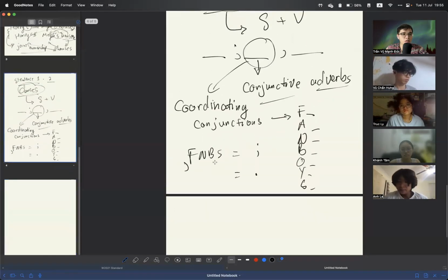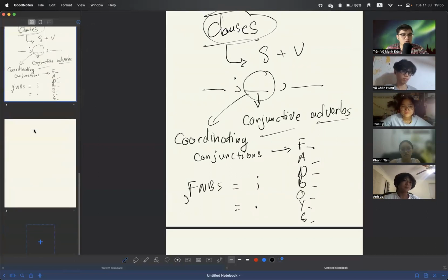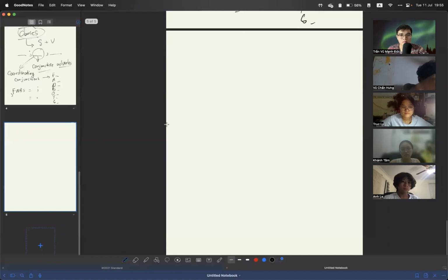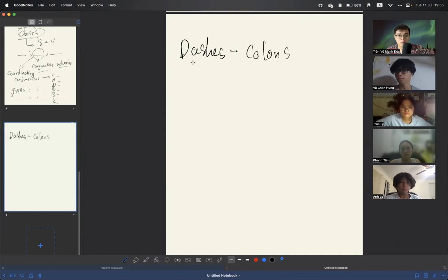All right, the final one is about the dashes and colons. It's your turn, Anne. What are dashes and colons and how can you use them? Dashes initiate a list.